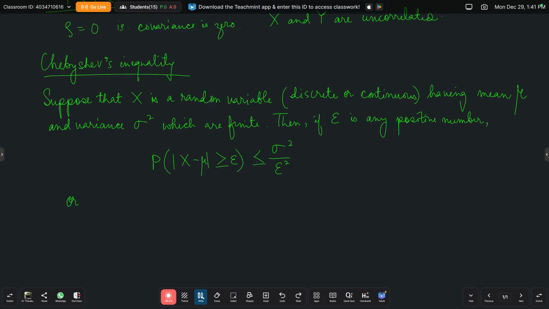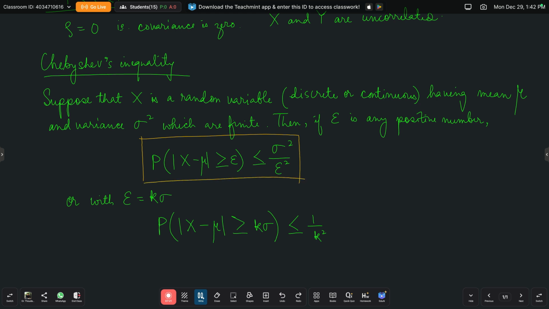Or with epsilon equal to k sigma, the probability of |x minus mu| greater than or equal to k sigma is less than or equal to 1 by k square. That is, epsilon is k sigma.